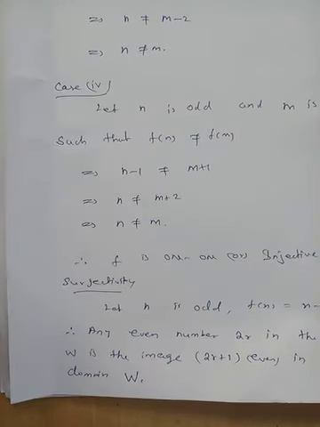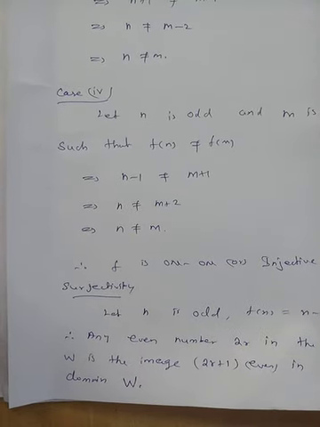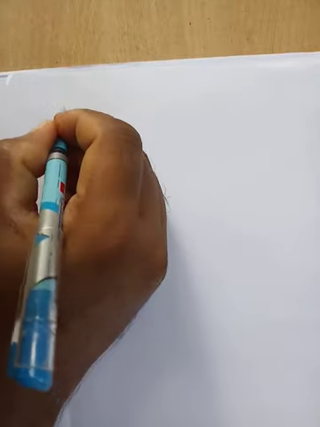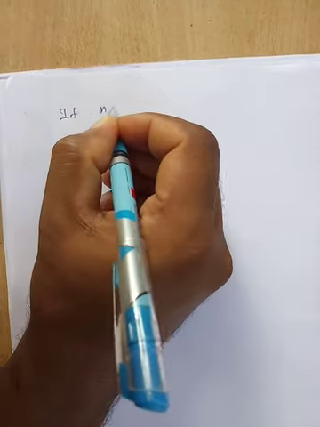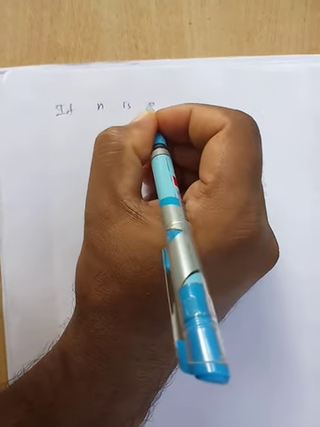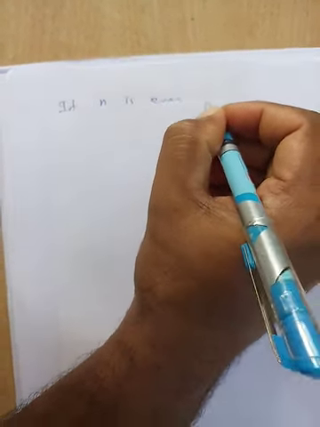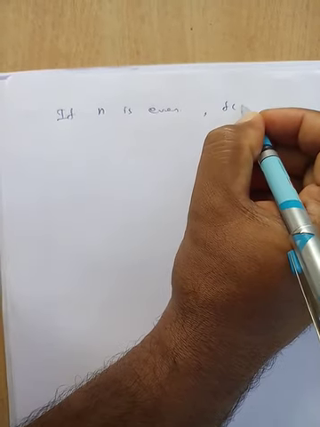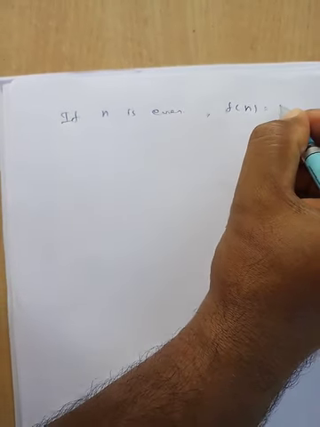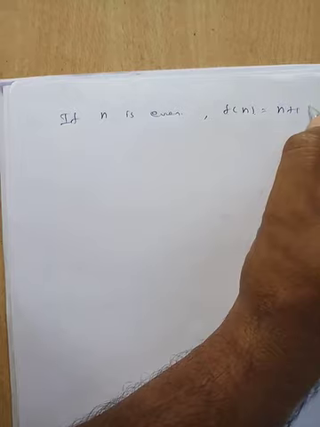Next, the condition for n even. If n is even, then f(n) equals n plus 1, which is an odd number.